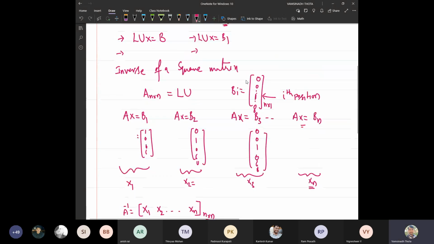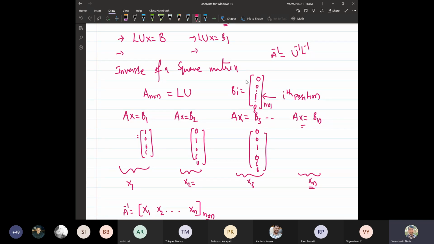So you may ask, sir, suppose if A is equal to L into U, then A inverse can also be evaluated using A inverse is equal to U inverse times L inverse. Of course, we can do it. But let me tell you, for evaluating the inverse of a matrix with the standard method, what is the fundamental method?